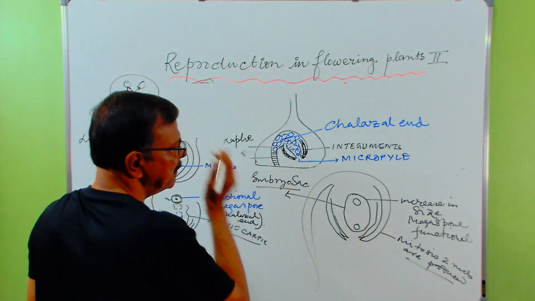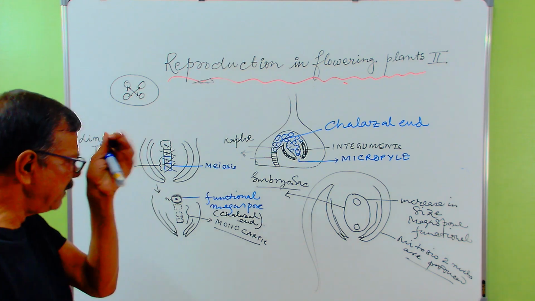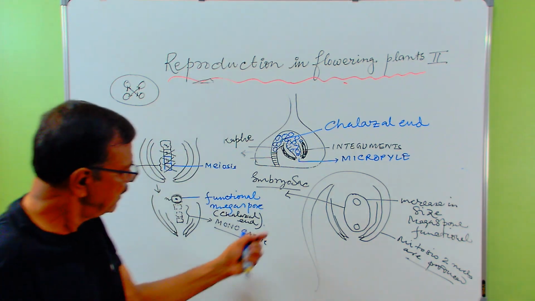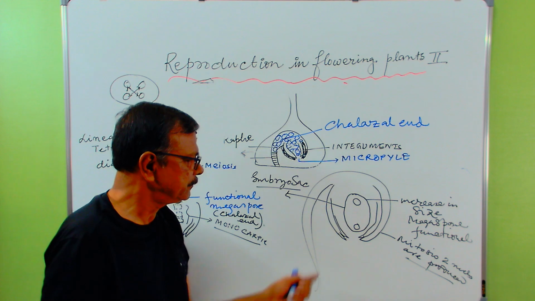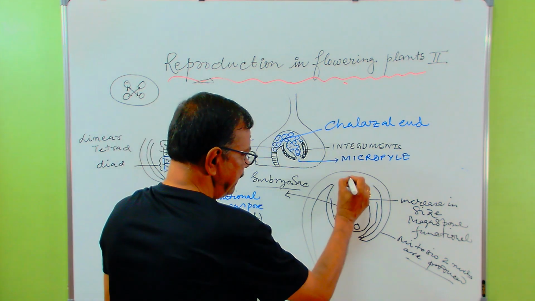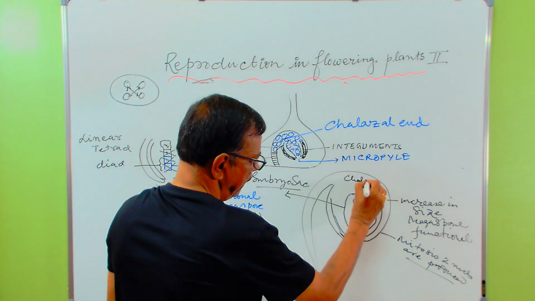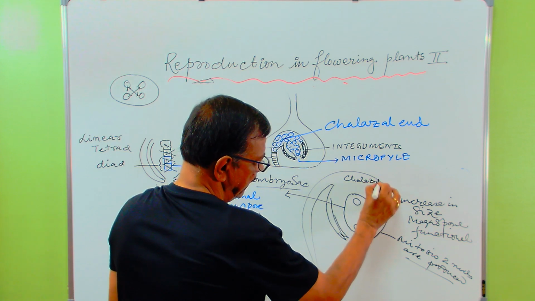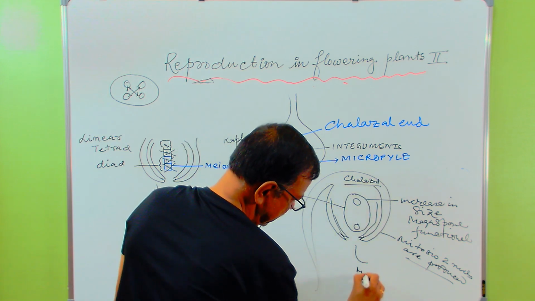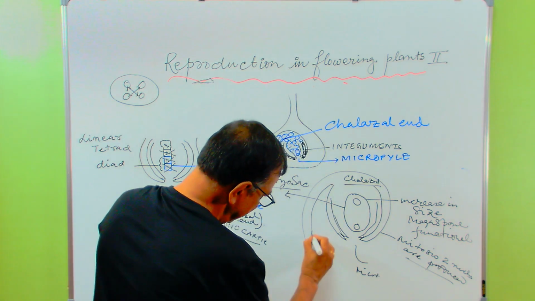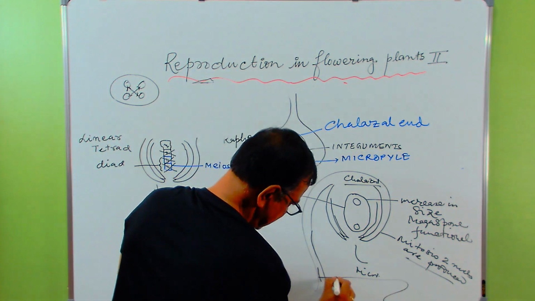Space is restricted, otherwise I could have kept all the figures. This is known as embryo sac, and this is chalazal end, and this is known as micropyle, and this is stalk, and this is hypothalamus.